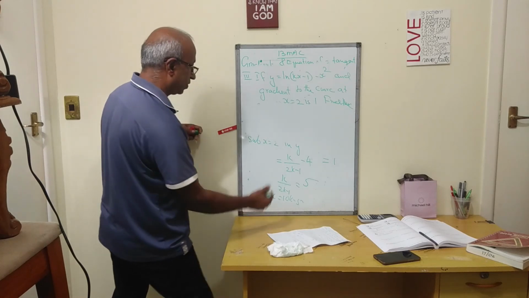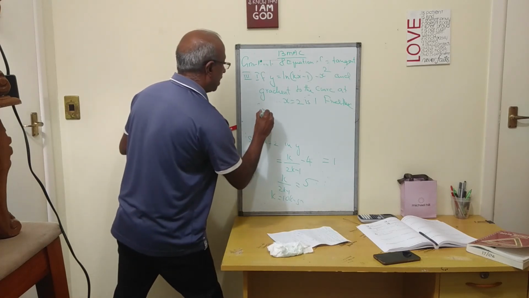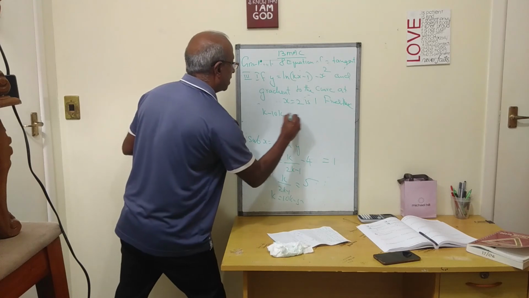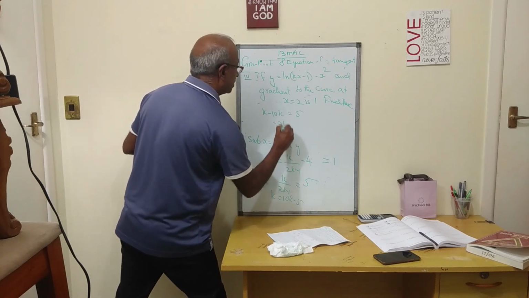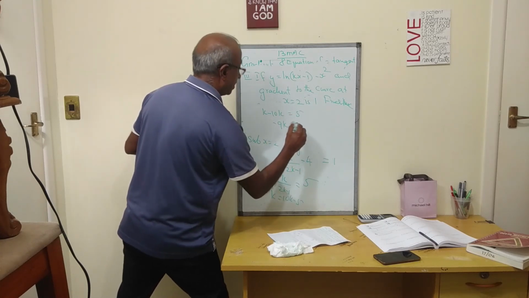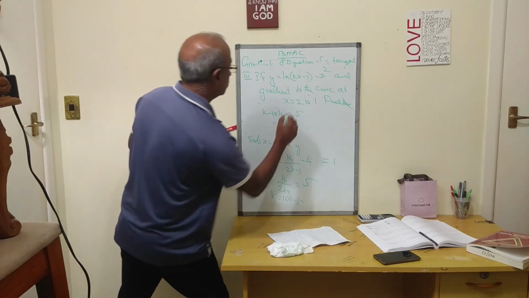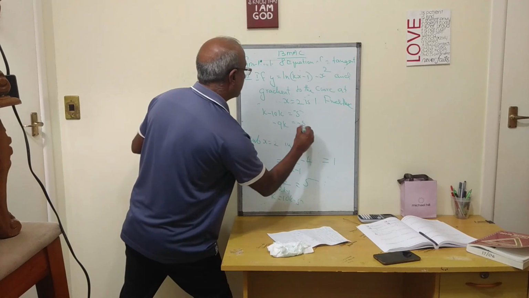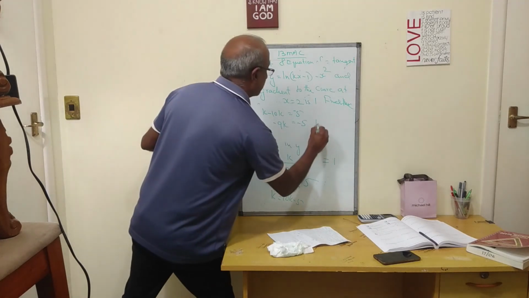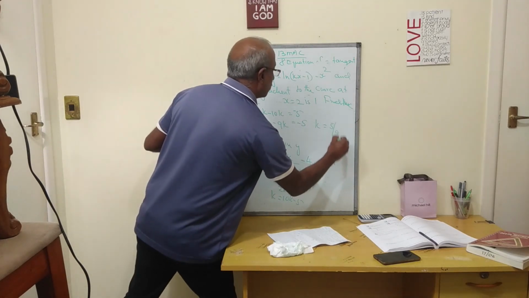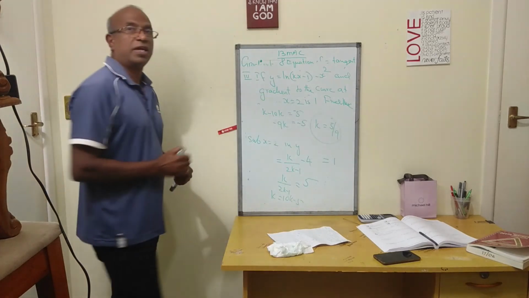So take all the k to one side. So k minus 10k, that is equal to minus 5, minus 9k is equal to minus 5, therefore k is equal to 5 over 9. That's the value of k.